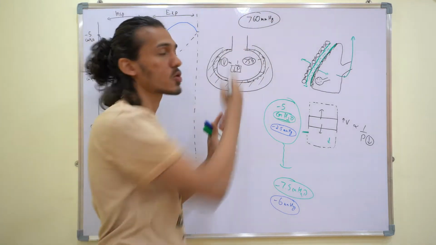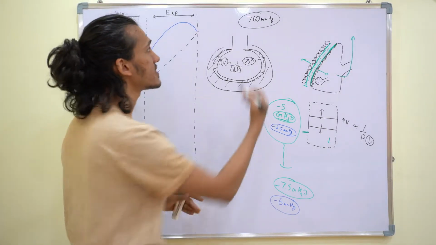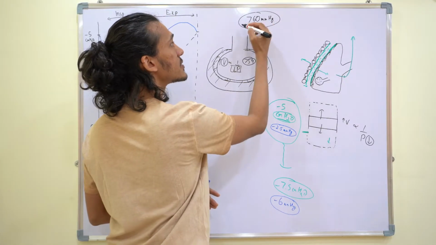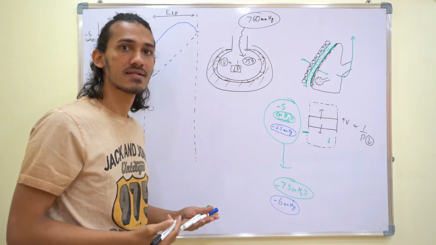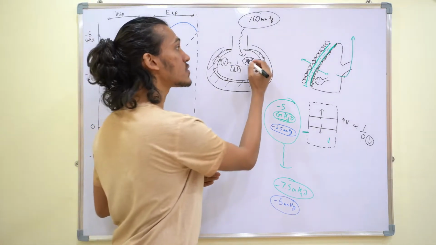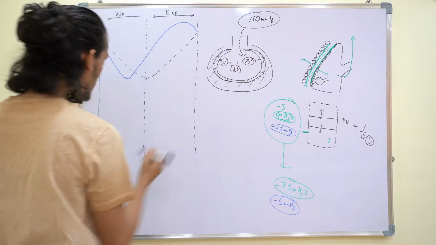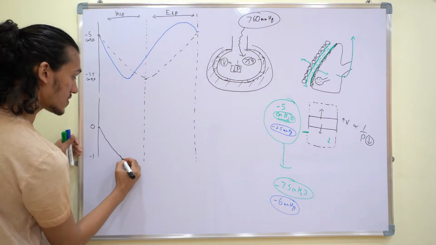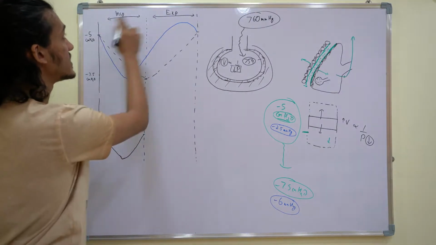And if this is an open space, then what is going to happen next? Based on the pressure gradient from 760 millimeter of mercury, the air is going to enter inside. And you inspire now. So air is entered inside in order to equilibrate this inside pressure with the outside pressure. Ultimately, this pressure goes back to 0 at the end of inspiration.